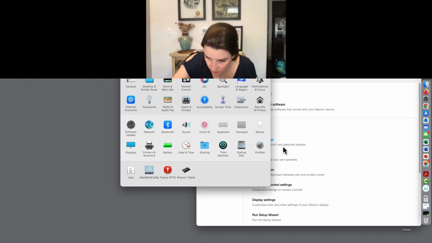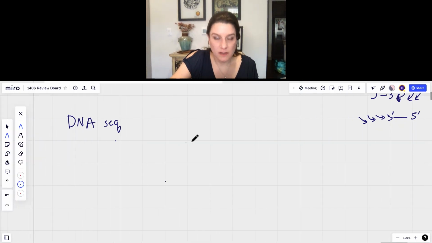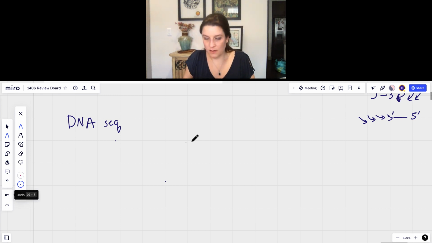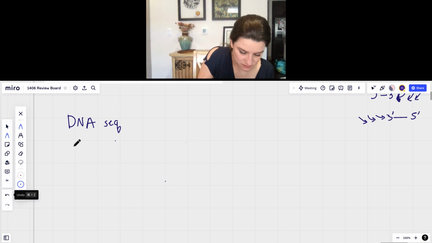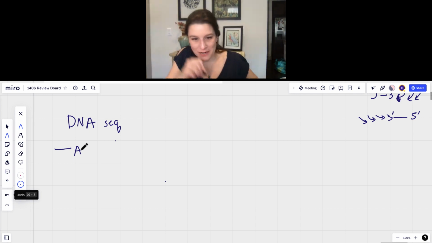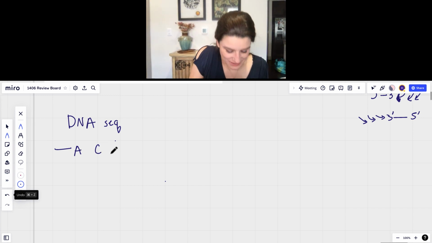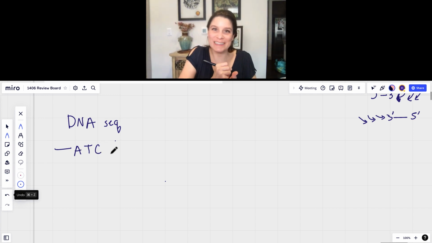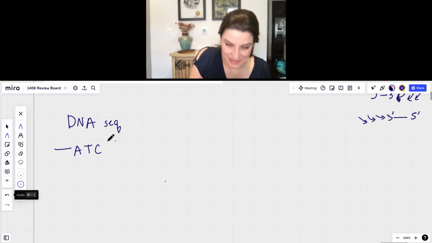Oh, this is probably it. Okay, DNA sequence. This is why I was doing weird things. I hit it on the touch, and so every time my hand hit, it was thinking that it was trying to read that at the same time.